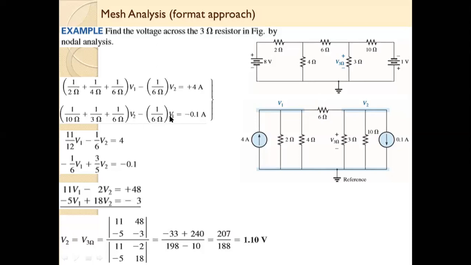Which node is it connecting with? It is connecting with V1, so that's why we are multiplying it by V1, is equal to this node current, because here the current is going away from the node. That's why we are mentioning it with a minus value. So it is minus 0.1 ampere.